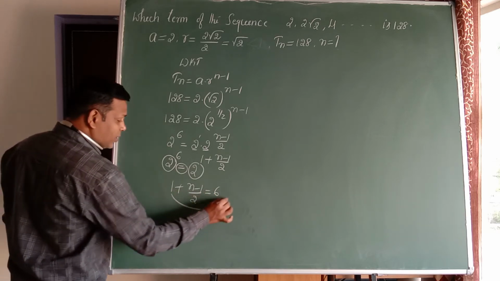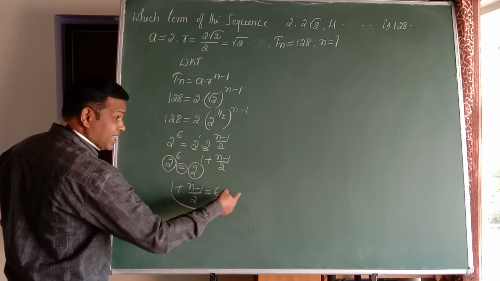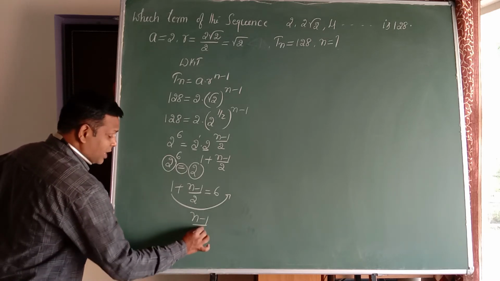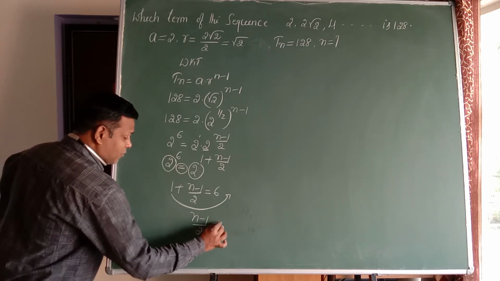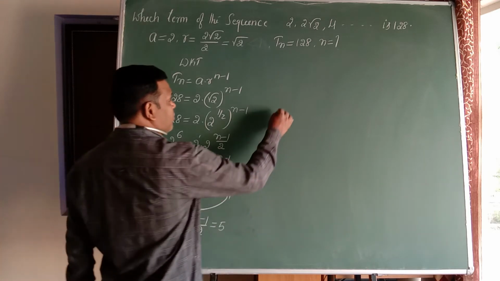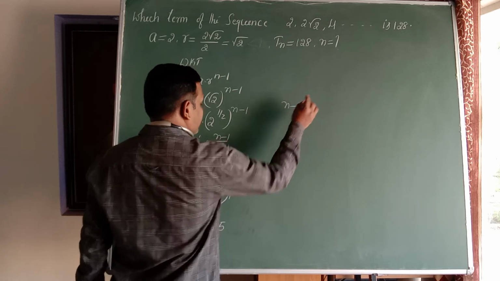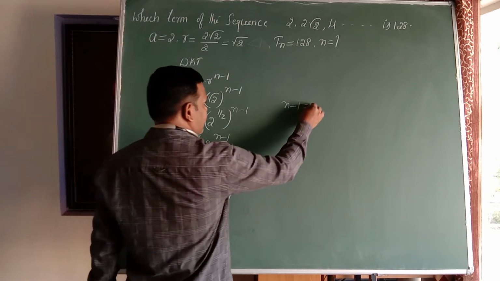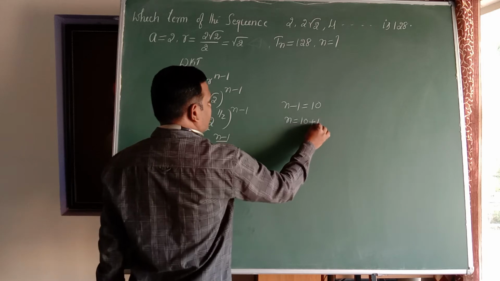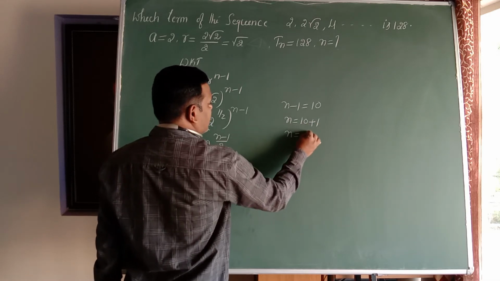Now taking plus 1 to this side, 6 minus 1 becomes 5. That means n minus 1 divided by 2 is equal to 5. Now cross multiply 2, therefore n minus 1 is equal to 10. Therefore n is equal to 11.